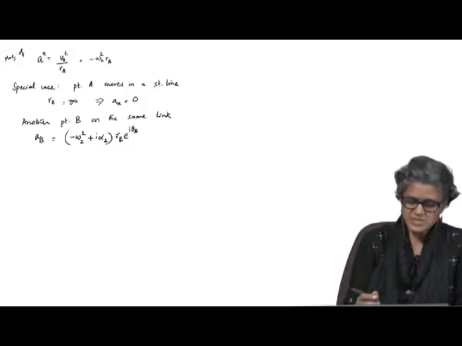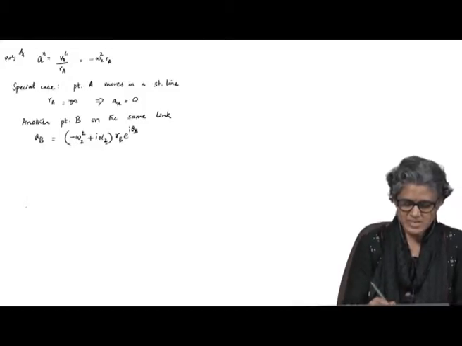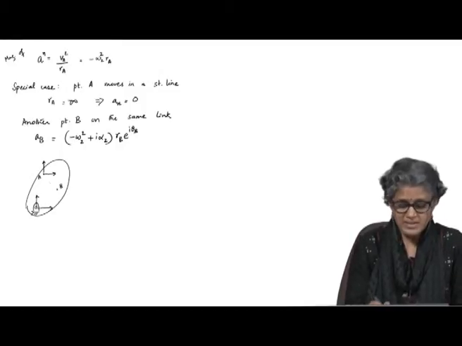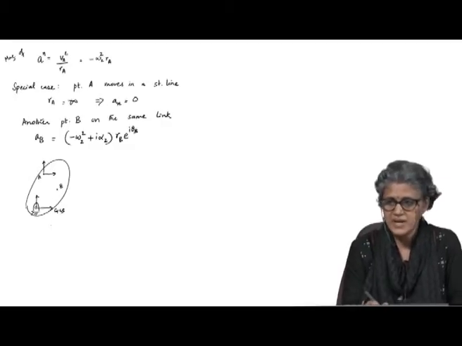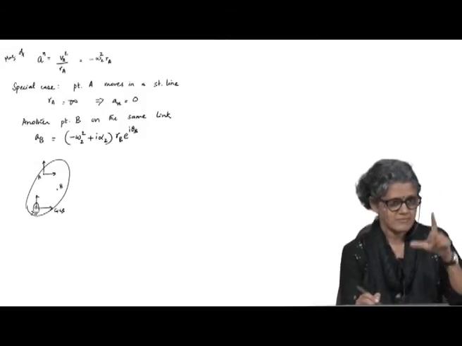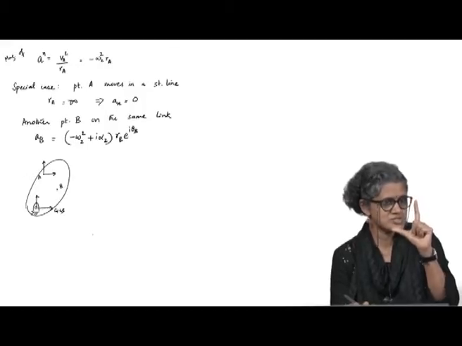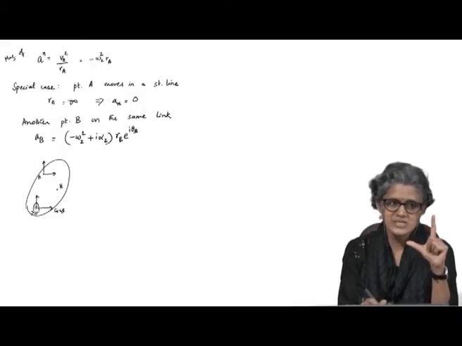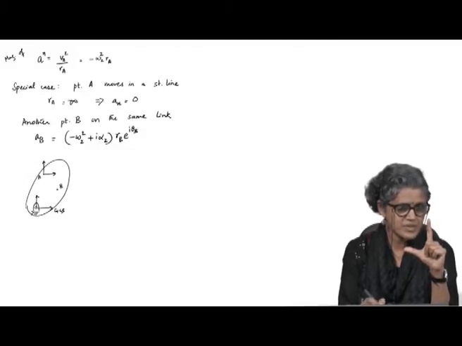So, there is an acceleration difference between B and A, and what that means is, suppose I am sitting at point A, and there is a coordinate system located at A, but it does not change its orientation with respect to the global coordinate system attached to the fixed link.